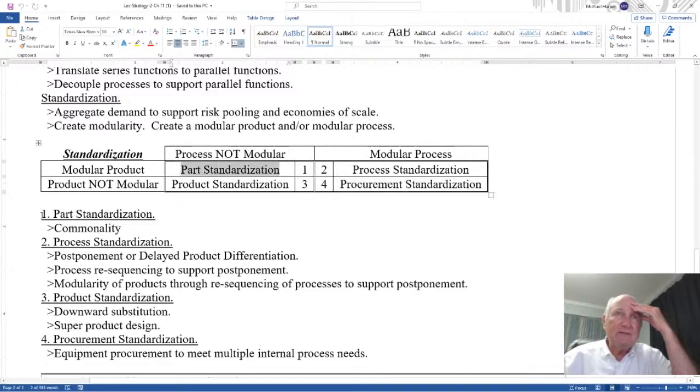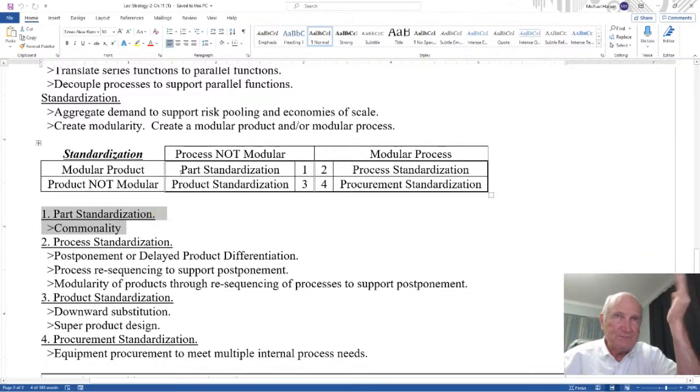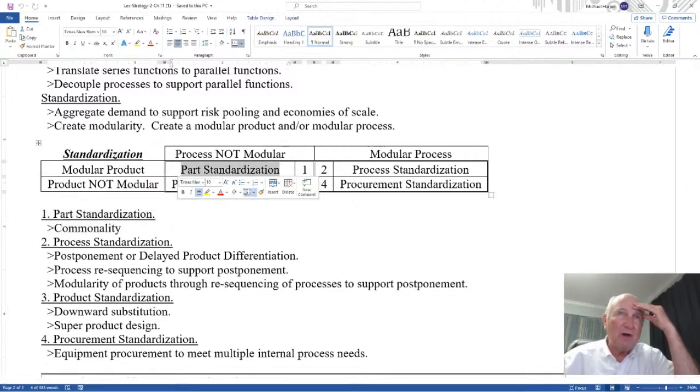Now, part standardization is a standardization approach to a modular product and a non-modular process. In other words, even though you have a modular product and the process is not modular, you can create different standardized parts that go into the product.